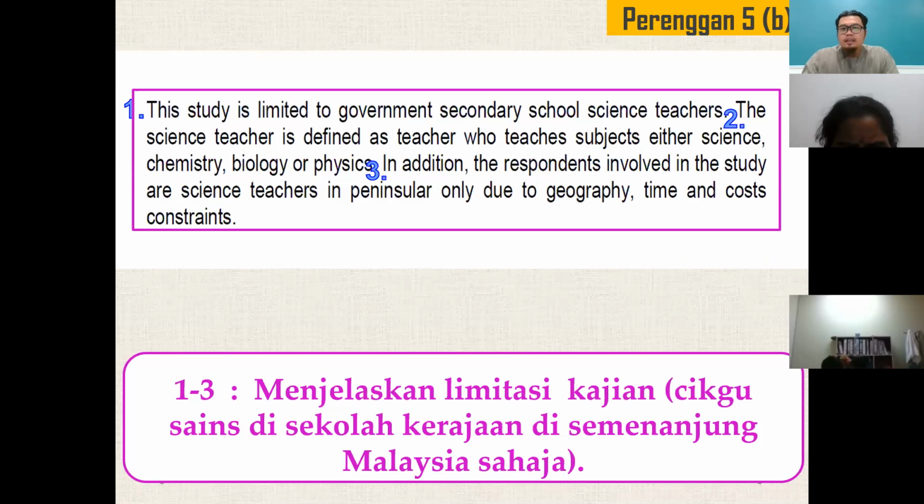In addition, the respondents involved in this study are science teachers in Peninsular only, due to geography, time, and cost constraints. They try to give the justification for the research limitation. For every research, if you highlight that this is your limitation, you need to give a delimitation or justification.